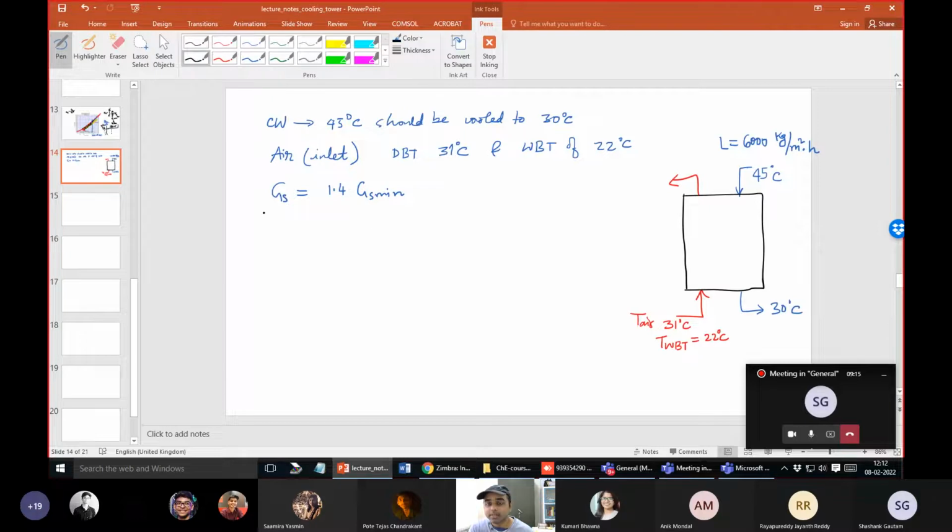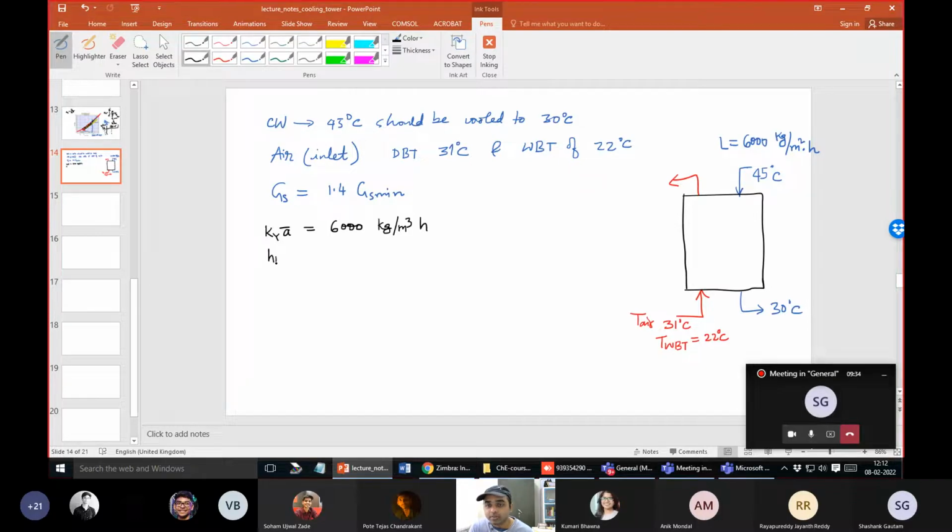About the mass transfer and the heat transfer coefficient. The KYA value is given as 6,000 kg per meter cube hour.